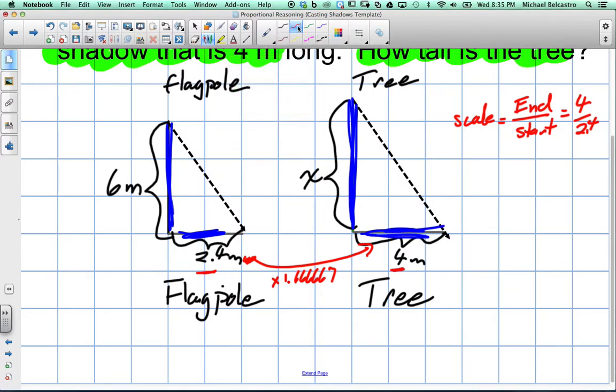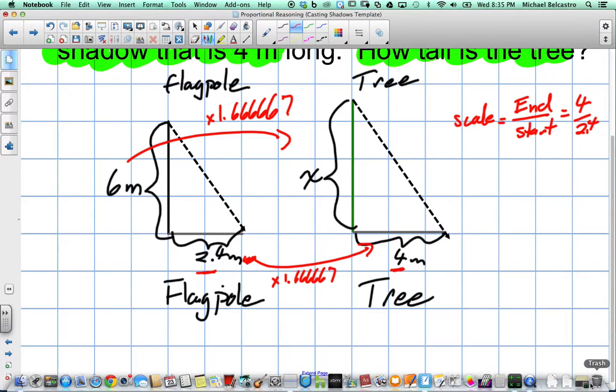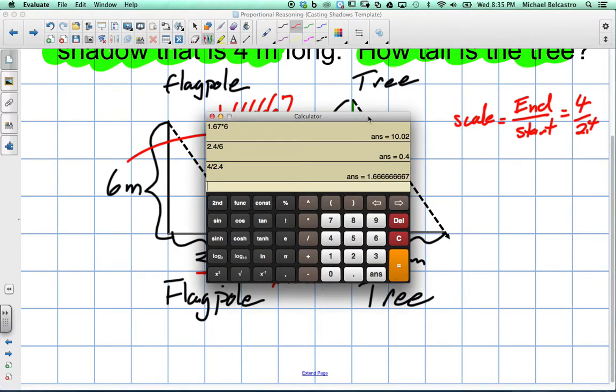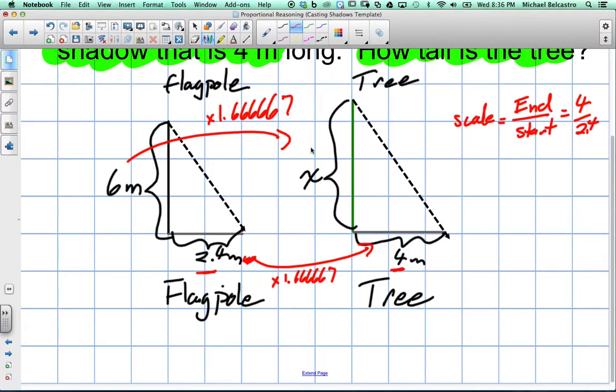I'm going to use my scale factor to multiply up again. I'm going to multiply by my 1.666. Luckily, this calculator keeps the numbers from before, so I'm going to multiply by my value of 6, and I get a value of 10. So according to this, our tree is 10 meters in height.